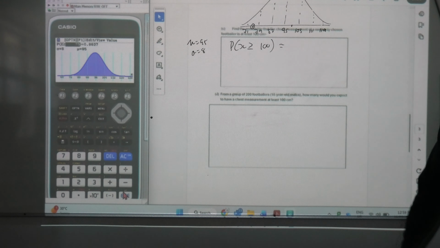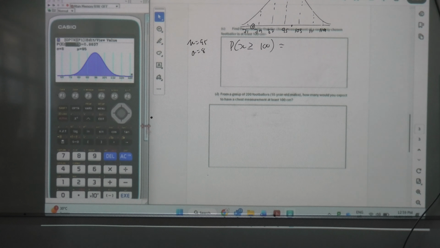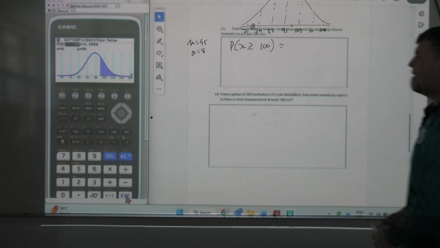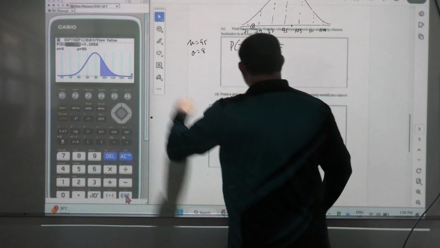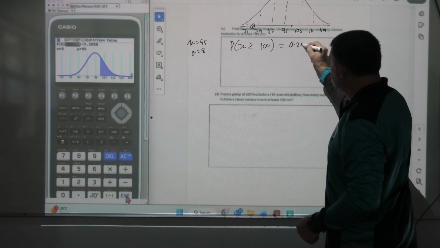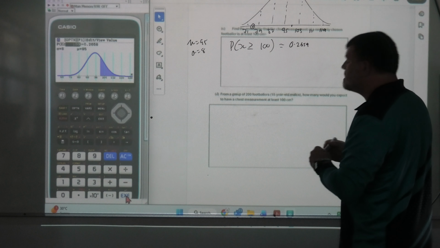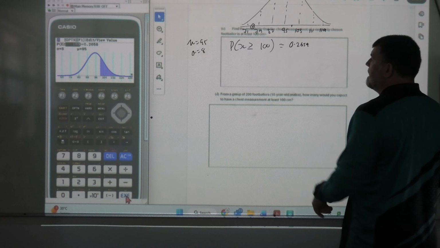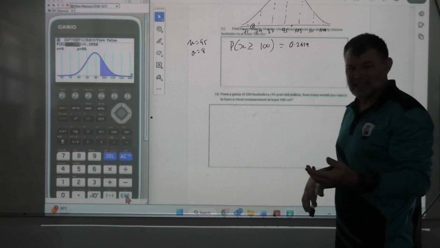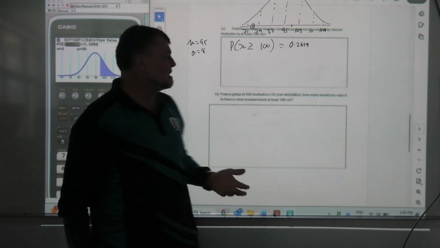Okay, so if we go back and now change that 75 to 100, you'll see that we now have a better representation of our curve, which is 0.2659, which makes sense. We had in our head that it had to be less than 50, but it had to be more than 16.